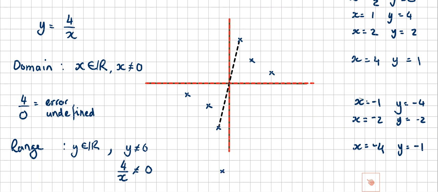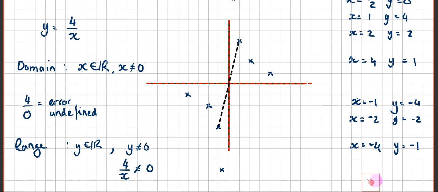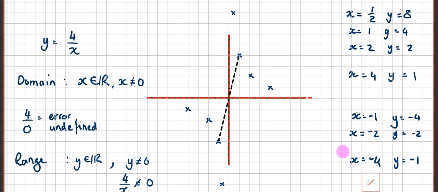So yes, like you're saying, Steph, it heads towards the asymptote. That makes sense, because a fraction is a division, so if x gets closer to 0 in either direction, the result will get bigger.